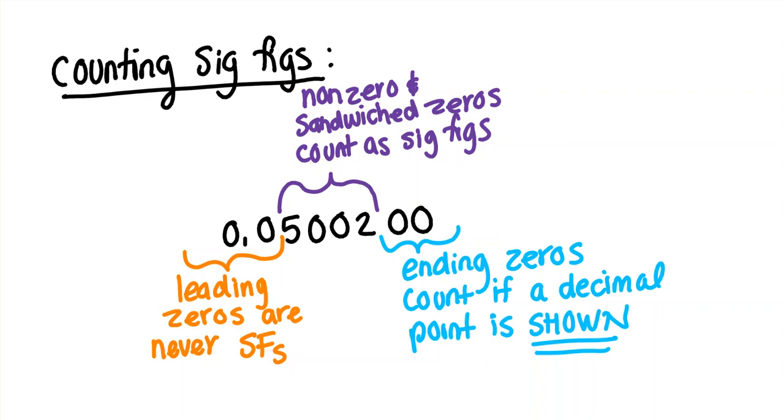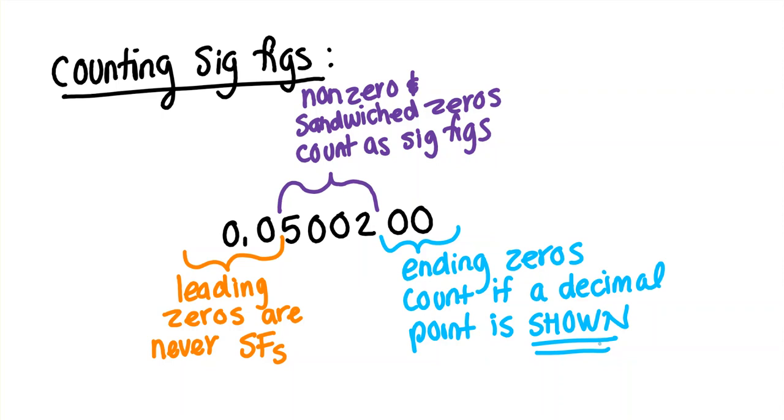It doesn't just have to imply one. You actually have to see the dot for this to count. And so in this particular number, these zeros do count as significant figures because we do see a decimal point over here. So this number has 6 Sig Figs. It has these that are sandwiched and non-zero, and then the ending ones count because the decimal point is shown.